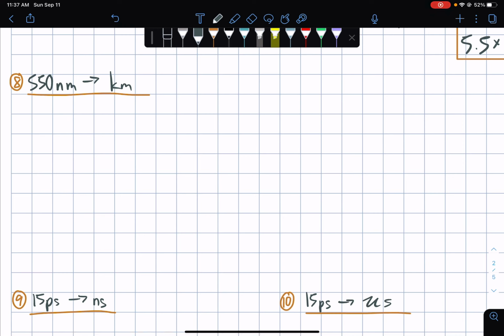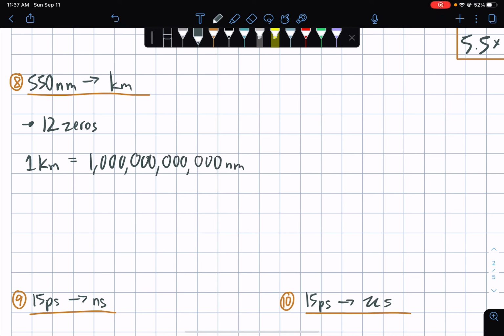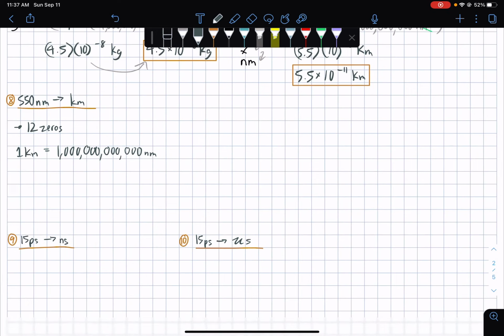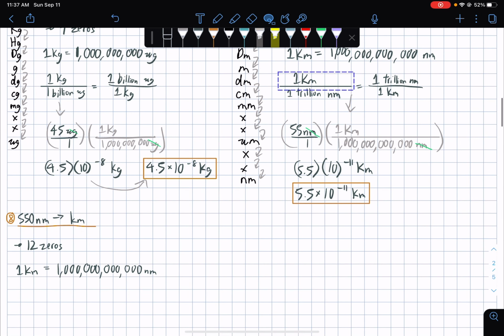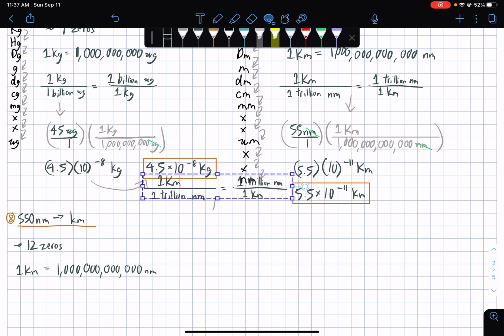For number 8, 550 nanometers to kilometers. Again, from nanometers to kilometers, we have 12 zeros. They're just the same as number 7. So 1 km is equal to 1 trillion nanometers. Let's just copy paste it here.